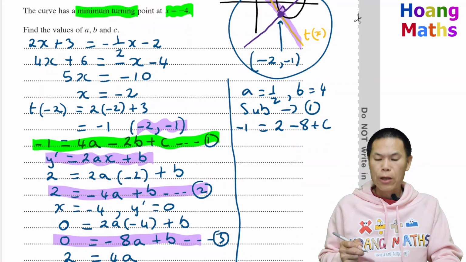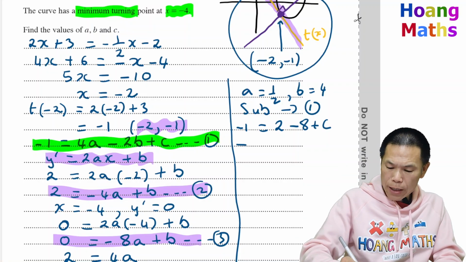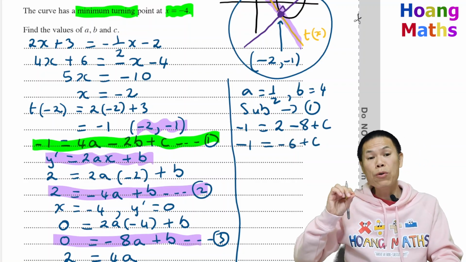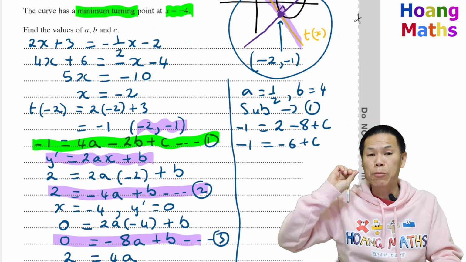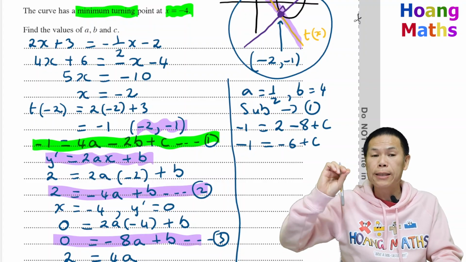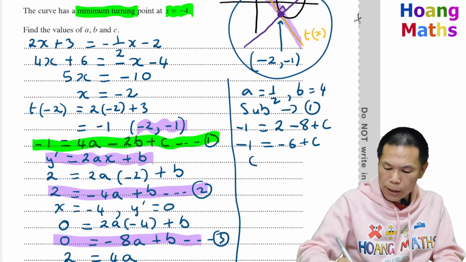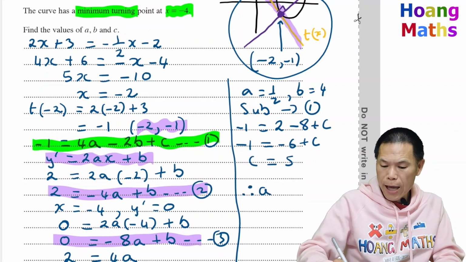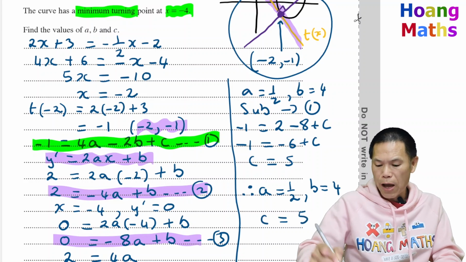We add c. So there you go. Negative 1 is negative 6 plus c. And we move negative 6 to this side, which becomes plus 6. So negative 1 plus 6 gives me 5. So c is 5. Therefore, a is a half, b is 4, c is 5.